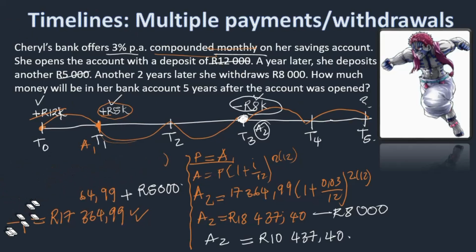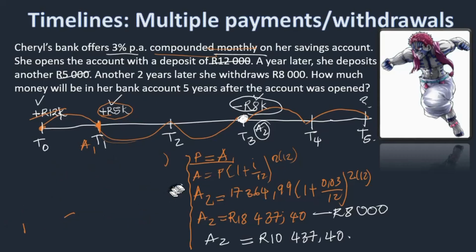You see how timelines are interesting. Very interesting. So again, using the compound interest formula, I have A is equal to P(1 + i/12) to the power n times 12, because it's still compounded monthly, whereby my P now will be equal to A2, and A2 is this amount here.